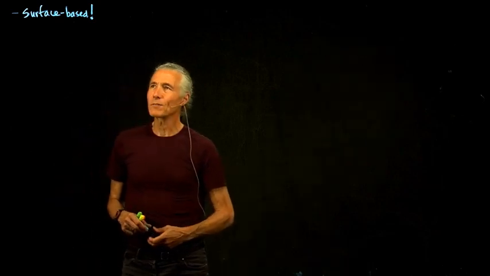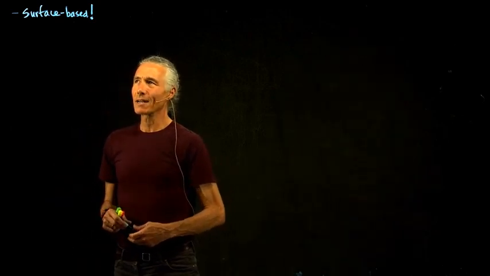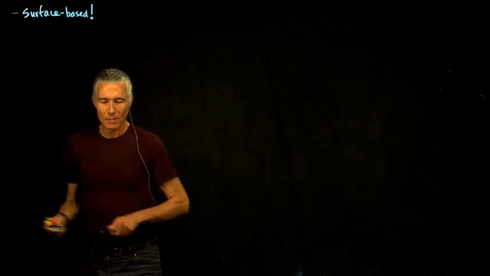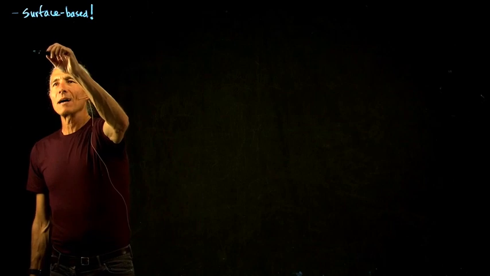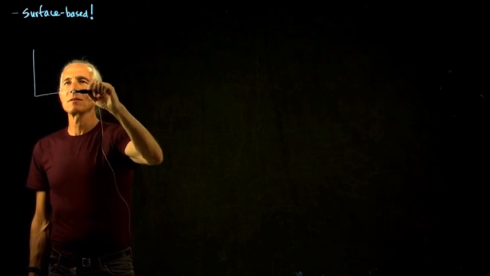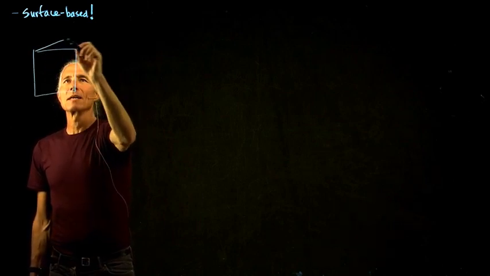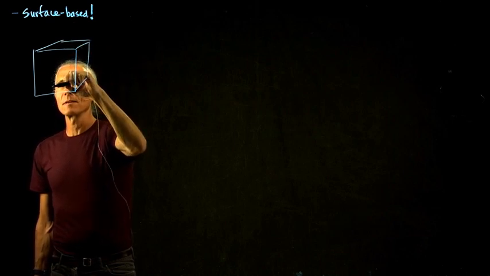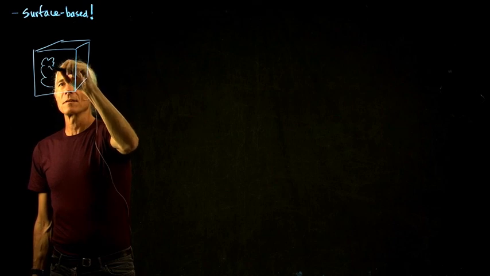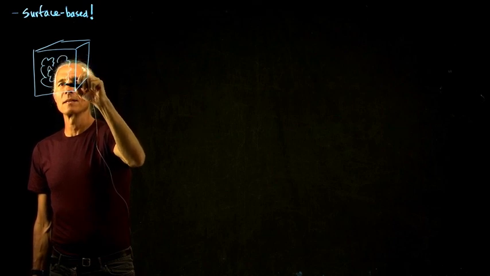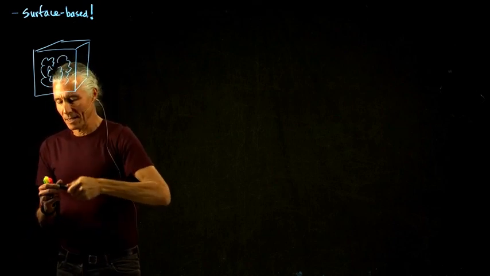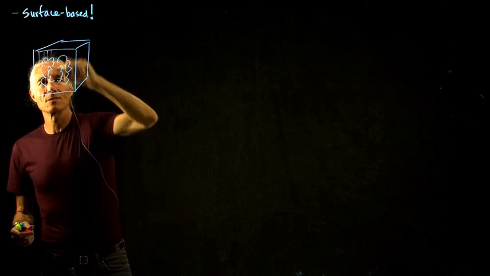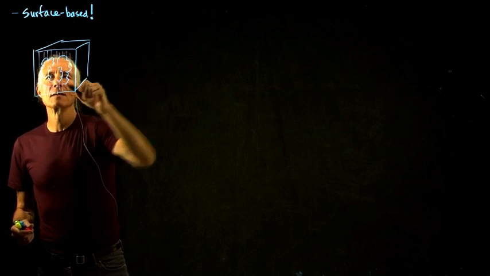But before we start, what we want to say is, why do surface-based? So how does our data come out? Typically our data comes out as a 3D block of data. Here's a coronal section of the brain, and basically it's just a 3D block of voxels like this.